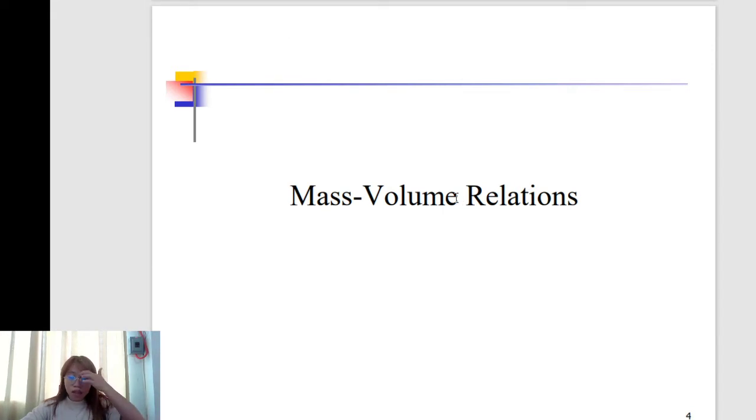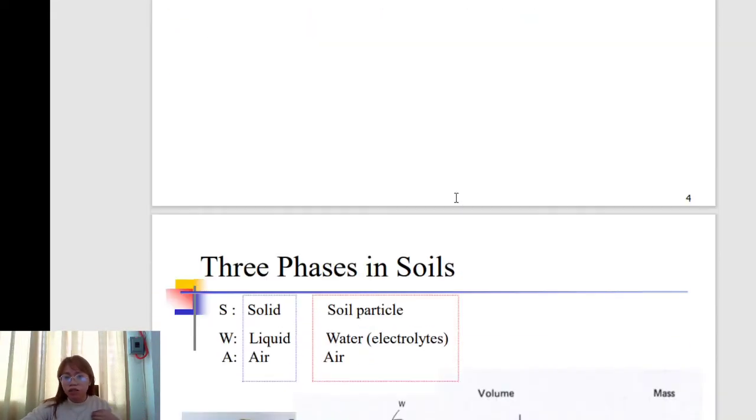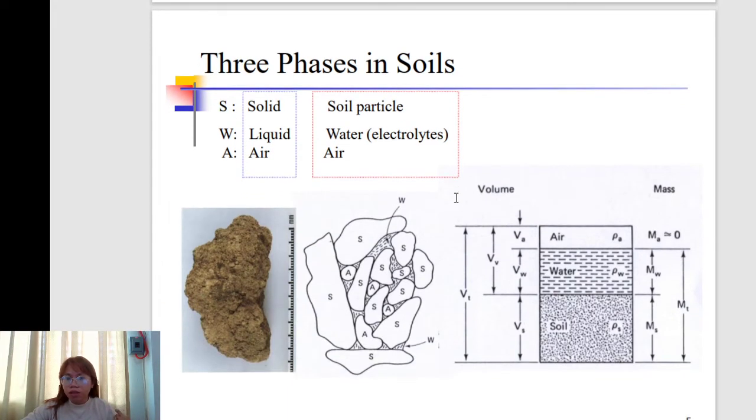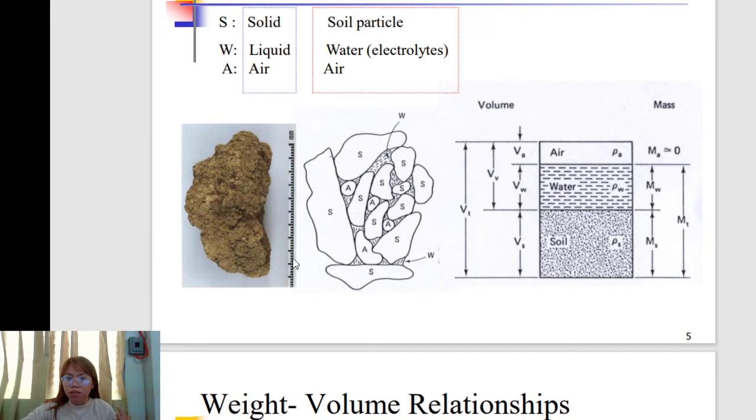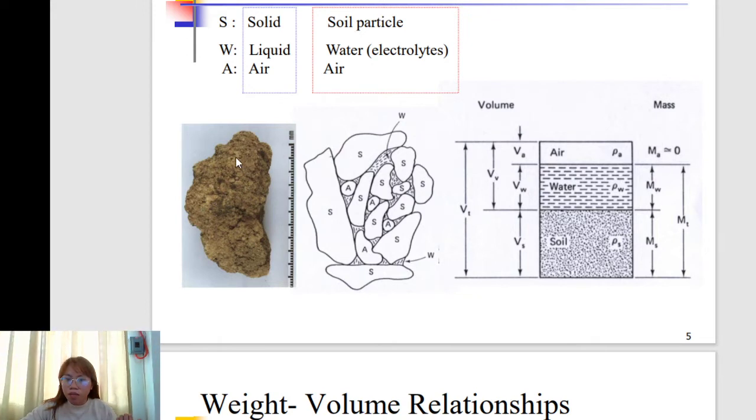We have the mass volume relations. We have three phases of soils: the solid, liquid, and the air. The solid means the soil particles, the liquid is the water with electrolytes, and of course the air. As you can see, there is a figure or an image of a soil, and if you try to understand its composition, there is the S, the solid or the soil particles.